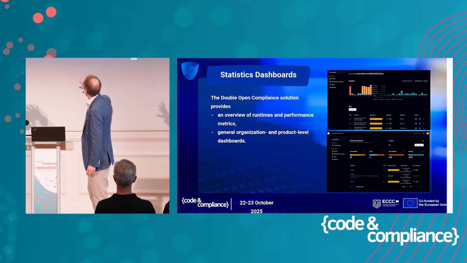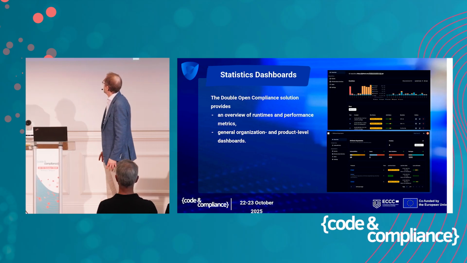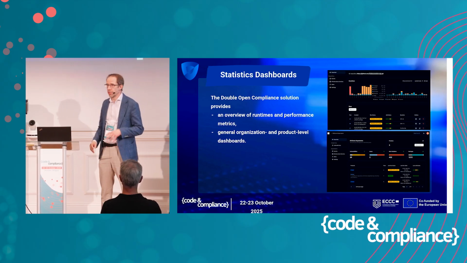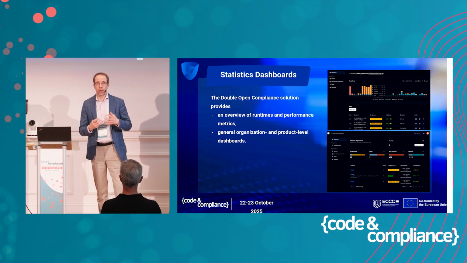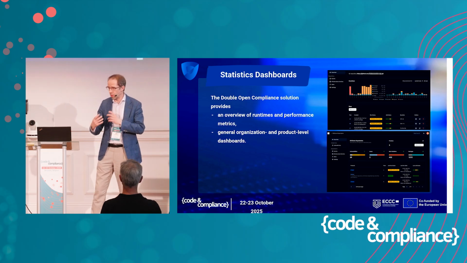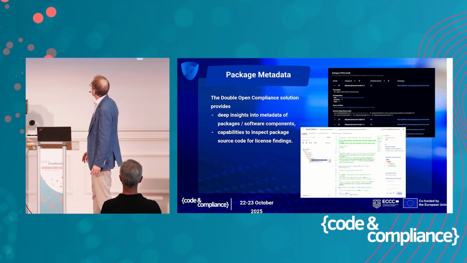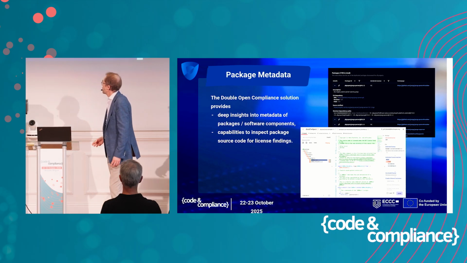You also have a number of dashboards to help you understand where your scans go, how well they are automated, how they perform, how long they take. And you can also inspect and go into package metadata.